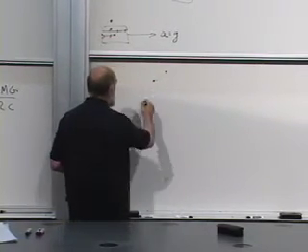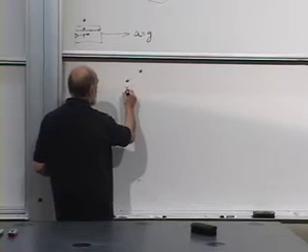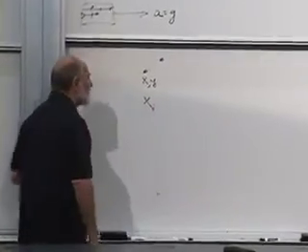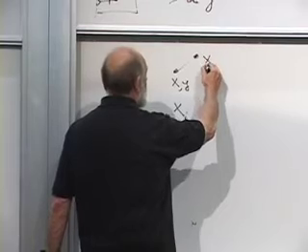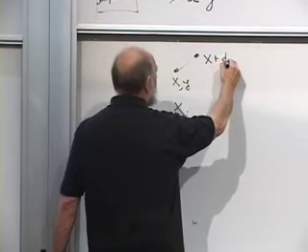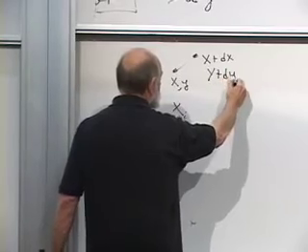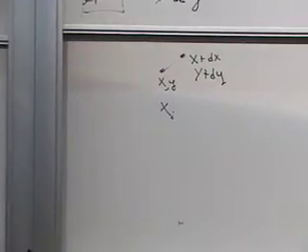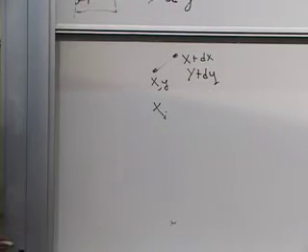Let's take a pair of points. Let's characterize them by coordinates x and y, or just call them x sub i, where i runs from 1 to 2. And here's another point at position x plus dx and y plus dy. Two points separated by a differential distance dx and dy. What's the distance between them?